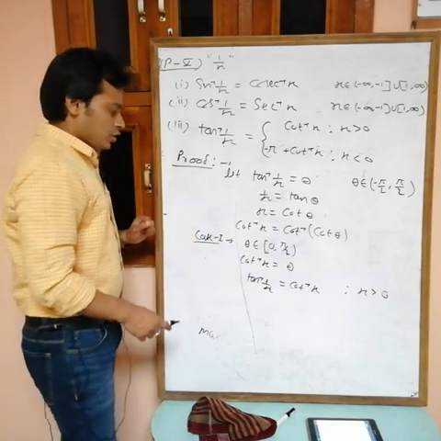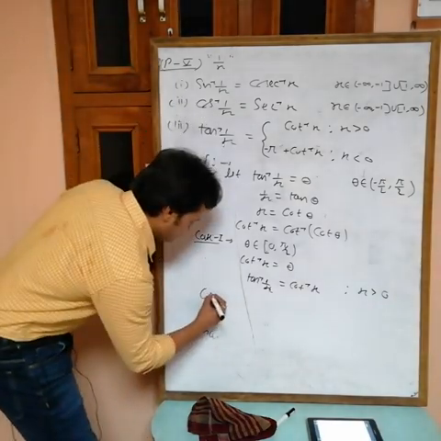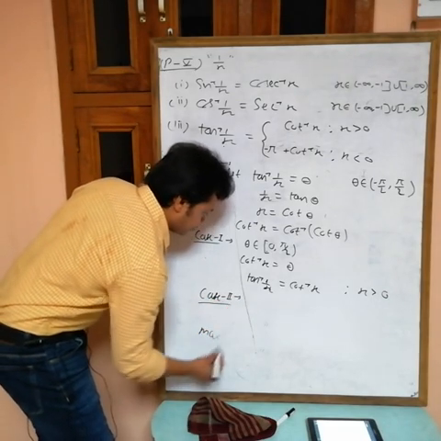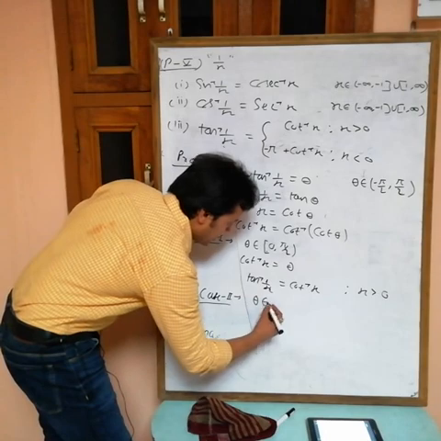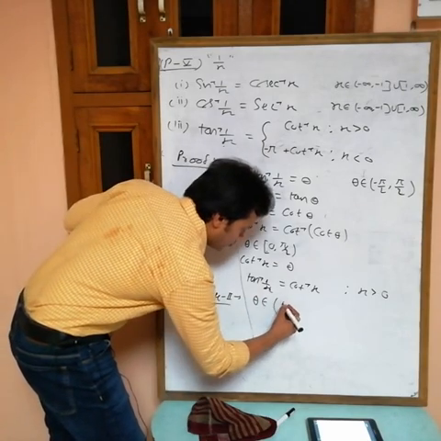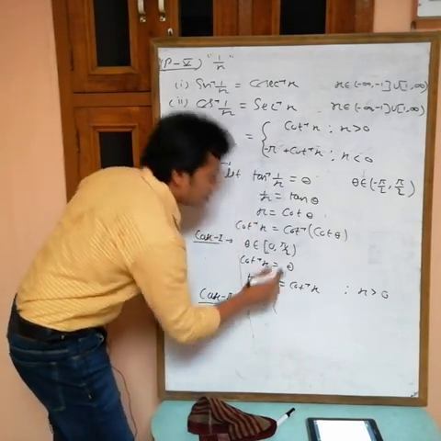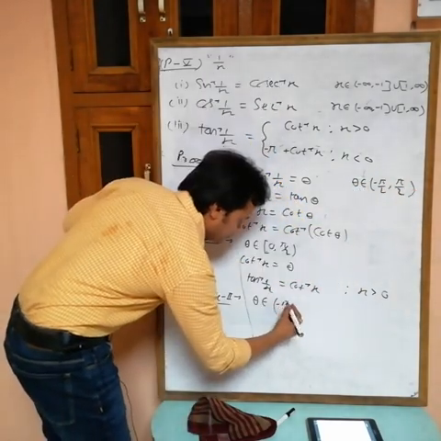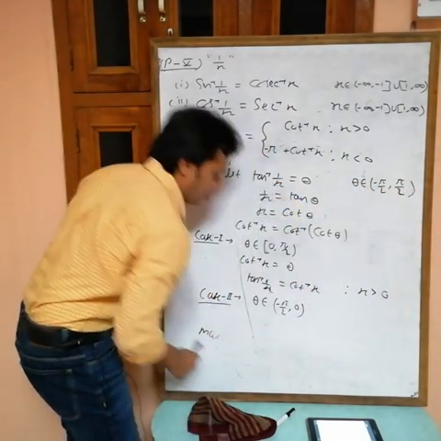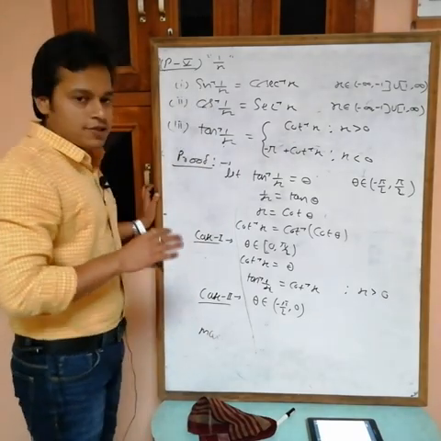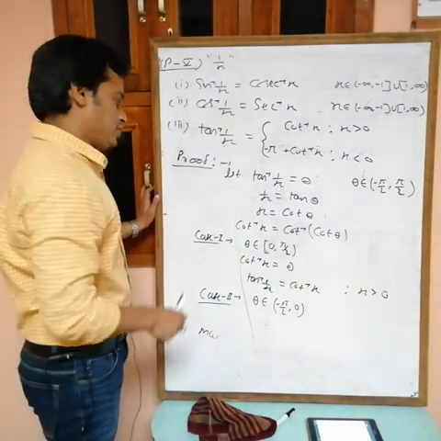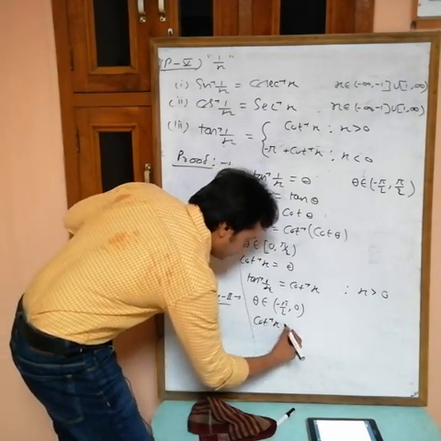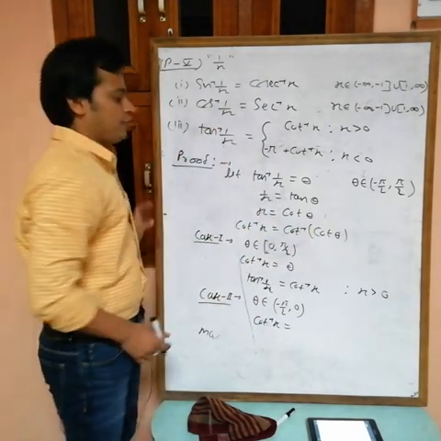Now case 2. 0 to pi by 2 is complete, now minus pi by 2 to 0. If theta is from minus pi by 2 to 0, it means less than 0. Then cot inverse stays as it is, and for cot inverse cot theta we use the formula.